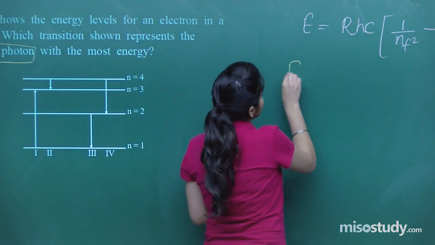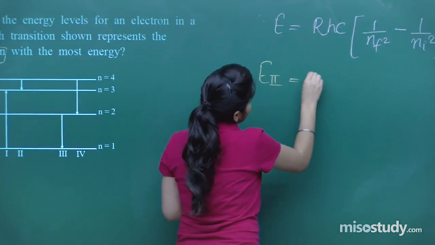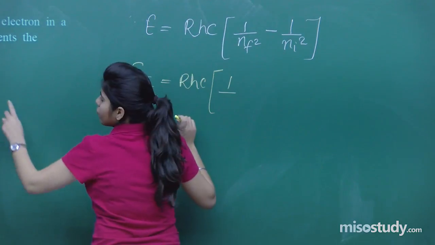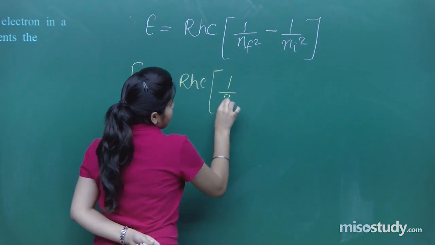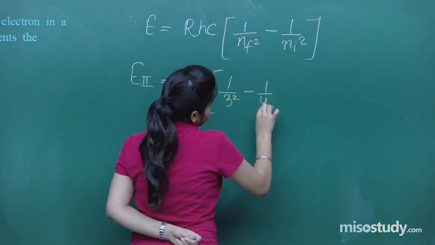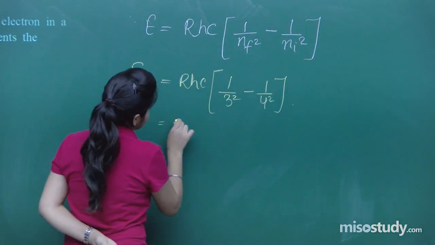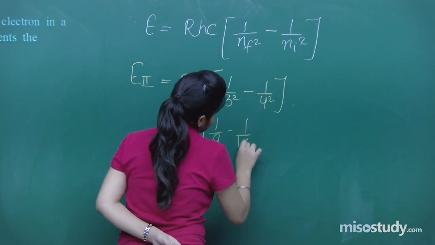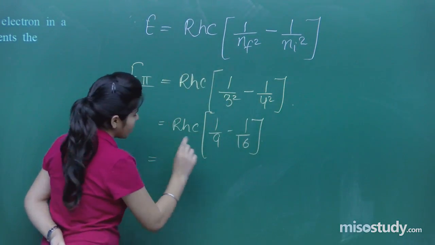So your E2 will be RHC, 1 upon, it is coming from 4 to 3. Okay.